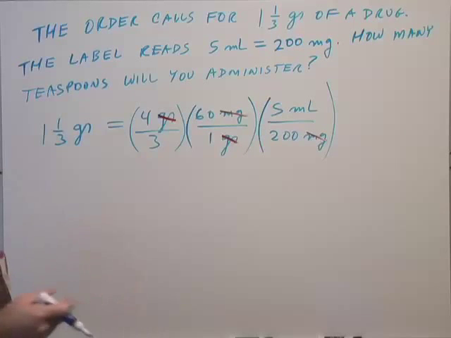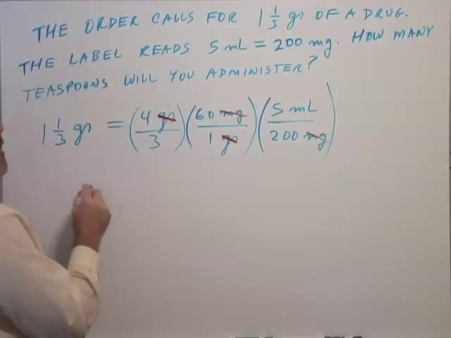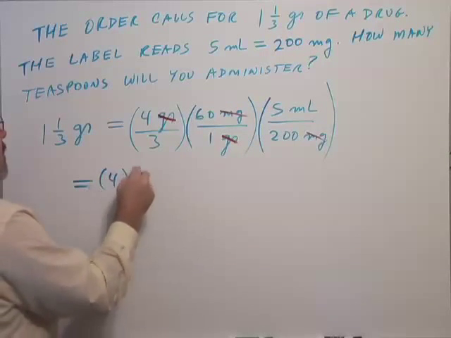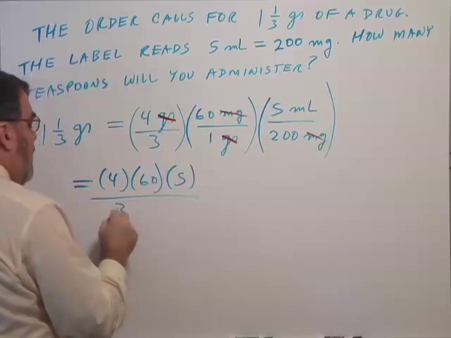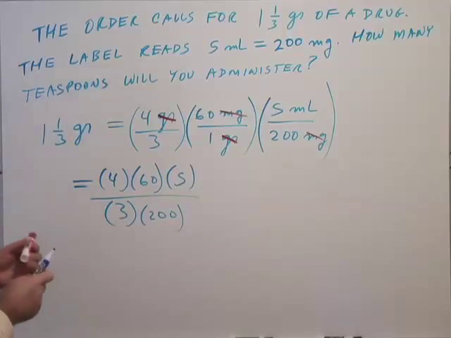I think I'm just going to calculate this out and see what we have, and we'll estimate from there. So this is 4 times 60 times 5 over 3 times 200. And it looks like we can do some nice canceling here.